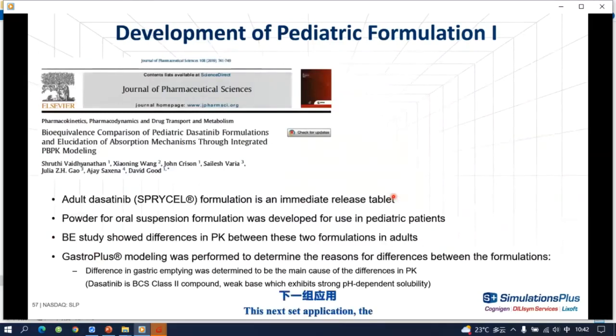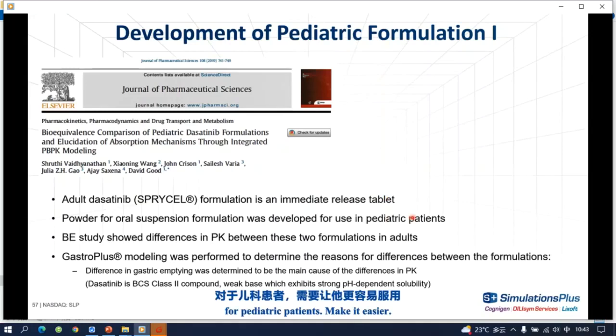This next application on the development of pediatric formulations did have some regulatory implications as well. This was a case study where they were developing a pediatric formulation for Sprycel, dasatinib. In adults, it is a tablet formulation.